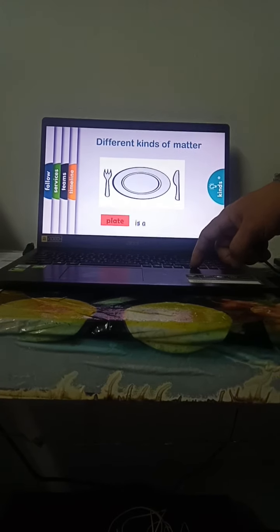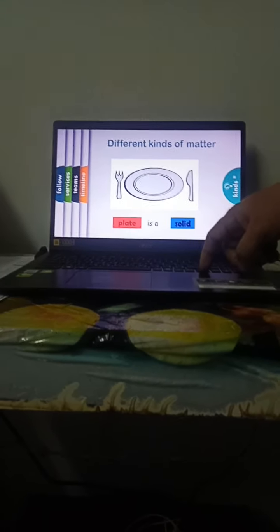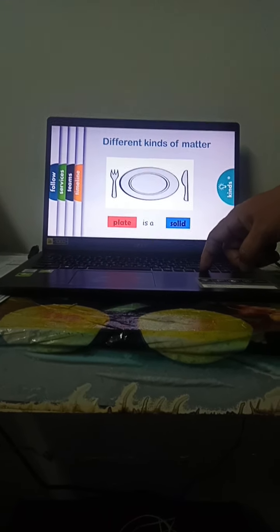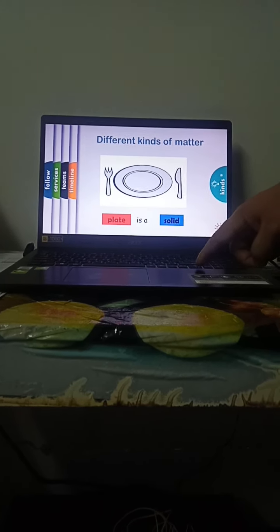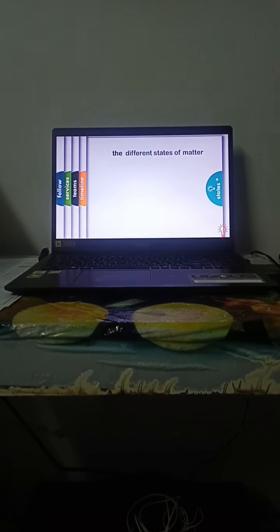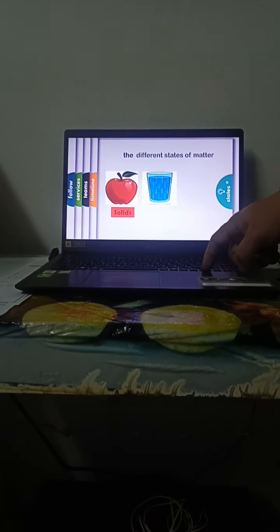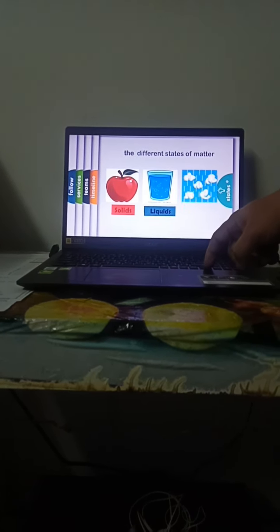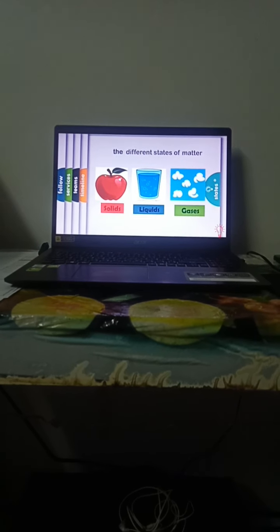And the plate that holds your food is a solid that you can hold in your hands. The different states of matter: solids, liquids, and gases are the different states of matter.